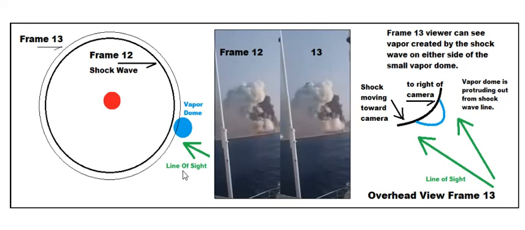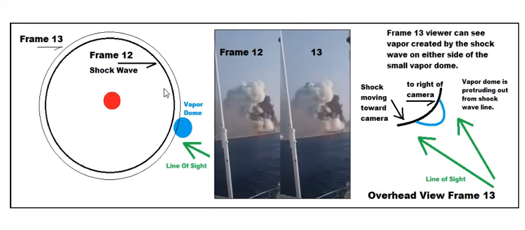Now, it's important to understand how a shock wave moves. The shock wave moves just like a wave in the water. The water doesn't move. The shock wave moves through the water. Same with the shock wave in the air. The shock wave is moving through the air, and it accumulates vapor right behind it.